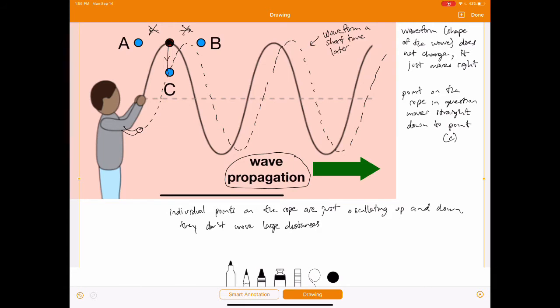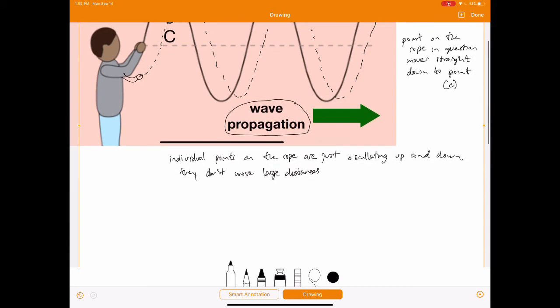Okay? In other words, the type of motion we're talking about, oscillating up and down, is called simple harmonic motion. So if we want to understand what any given part of the rope is doing, we can use what we know about simple harmonic motion to describe that.